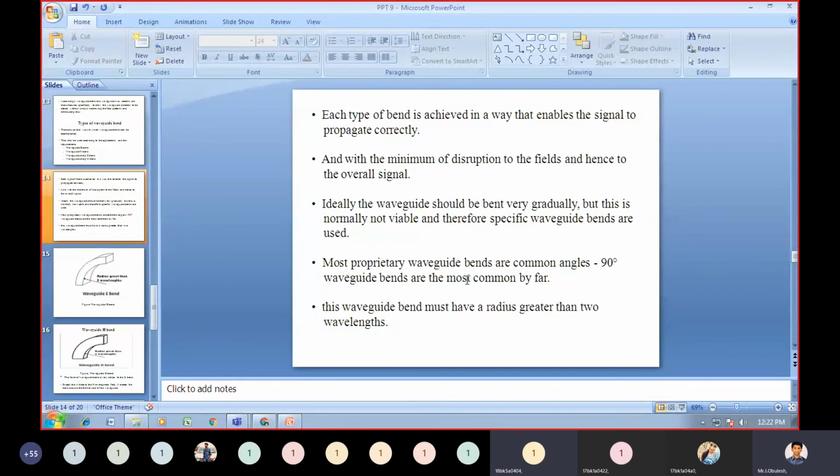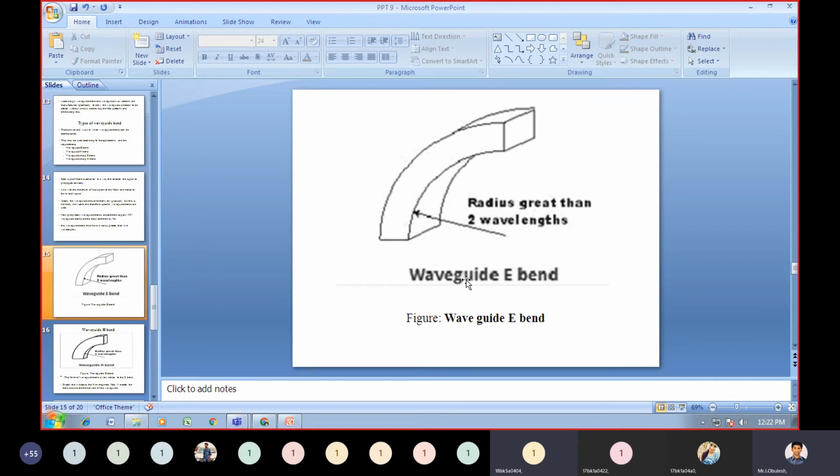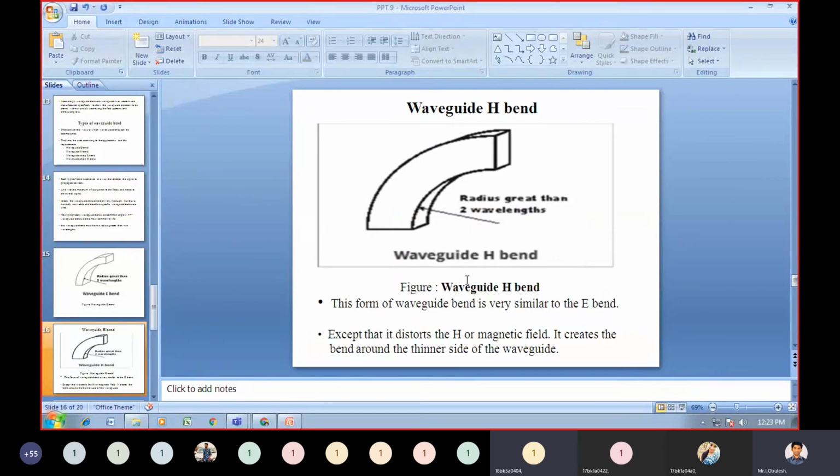The bending waveguide angle is 90 degrees only, but the wavelength is twice the radius of the waveguide. Lambda is twice the radius of the waveguide. That only we mentioned here. That value is greater than 2 wavelengths in both the waveguide E bend and H bend.